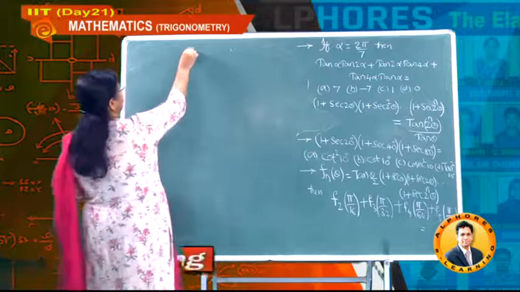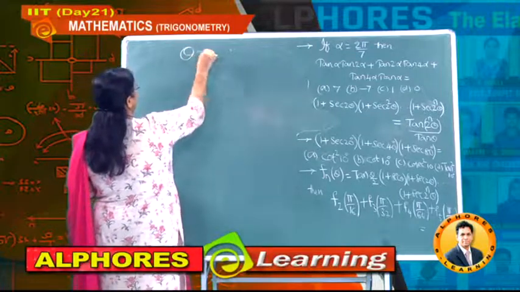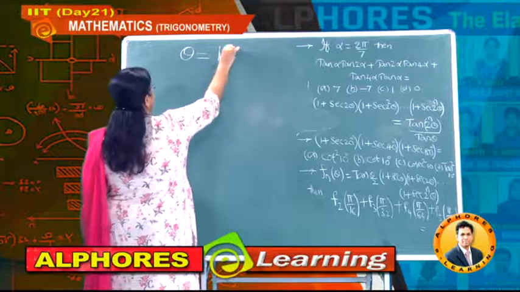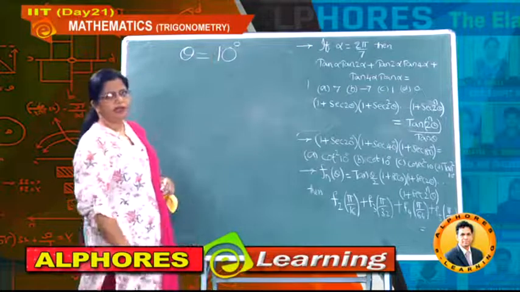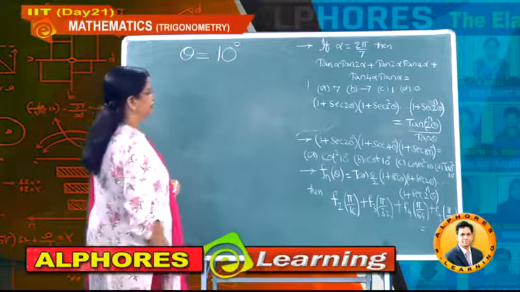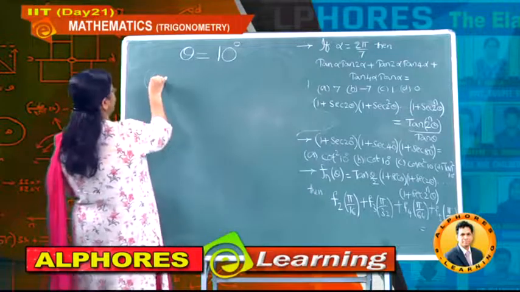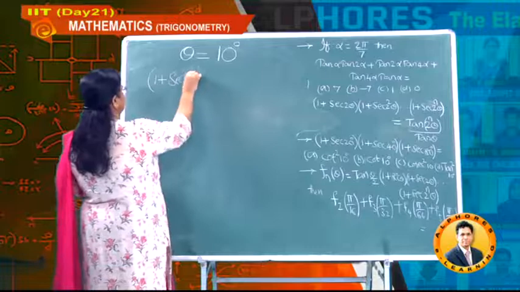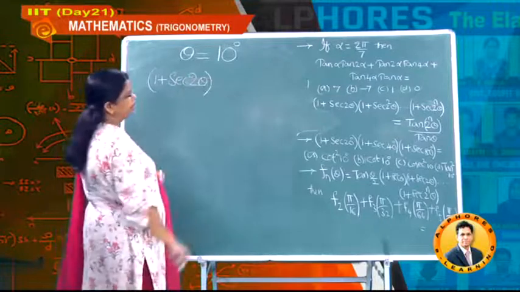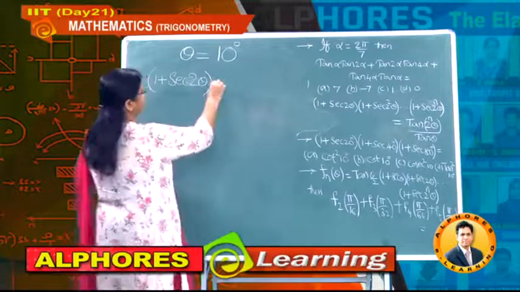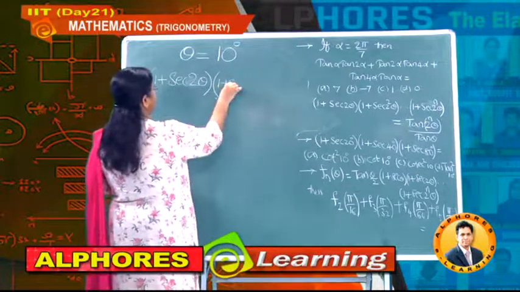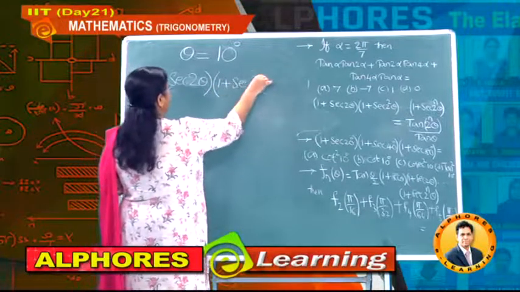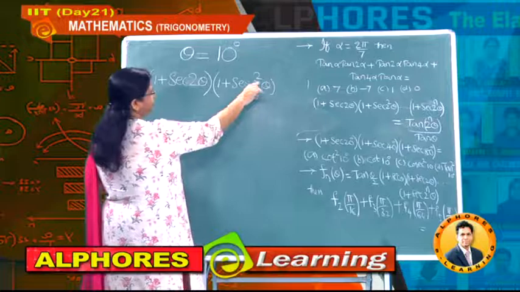Now, what is our theta students in this problem? It is nothing but 10 degrees. Theta equals 10 degrees. Then 1 plus secant 2 theta, since 20 is there, and secant 40 means 1 plus secant 2 square theta, that is 4 into 10.